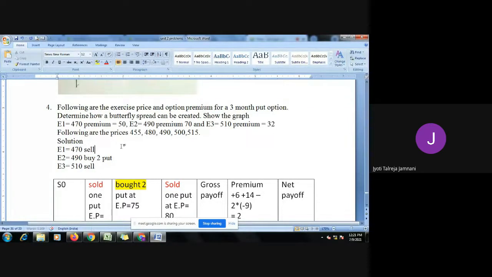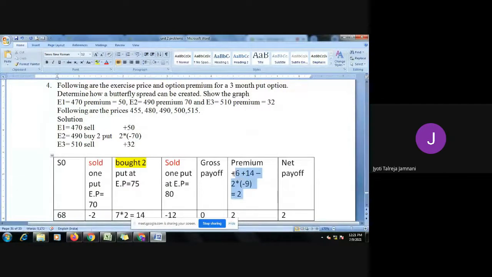When you sell a put option, you receive premium. So we are going to receive a premium of rupees 50 for the first exercise price. So plus 50. Then when you buy the option, you need to pay premium. So we are paying premium two times because we have bought two put options and the premium is 70 rupees. So 2 into minus 70 because we are paying it. And in the third case, we have sold. So again, we will receive premium of 32 rupees. So plus 32.